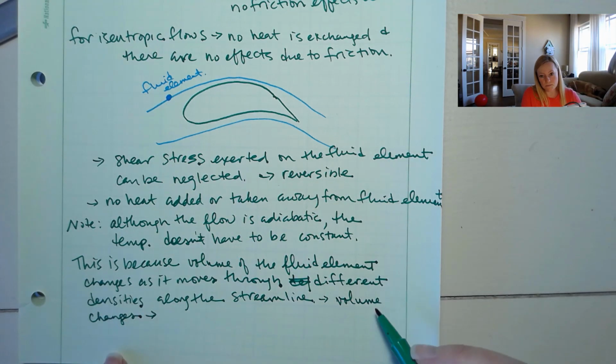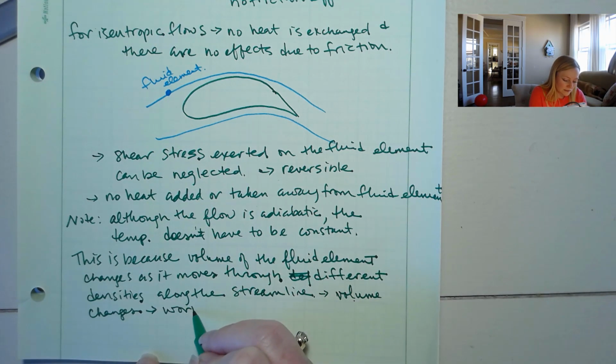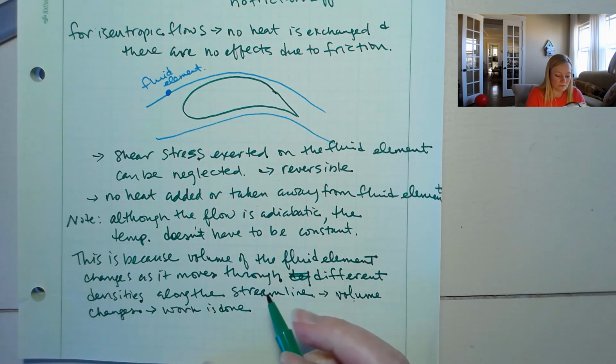Now, if the volume changes, if you go back and you think about like the first chapter you learned in thermodynamics, you related work to volume, right? Same thing is going to happen here. So if we've got volume that's changing, that means work is done. Okay, so now we've got work done. Well, if we've got work done, what does that tell us about internal energy? Well, that means internal energy is going to change.